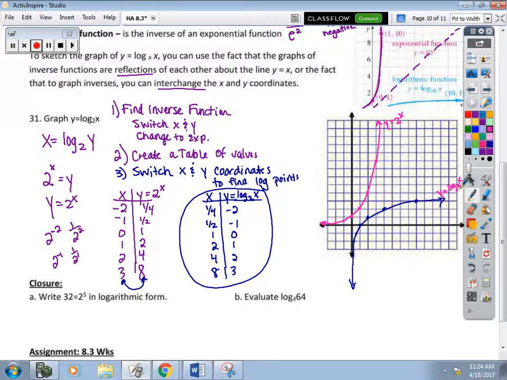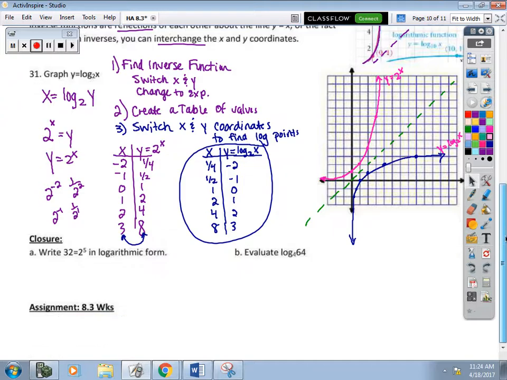You can see that they have been reflected across the line y equals x. So these points have just been reflected across that line, for any of you visual people. See if you guys can complete the two closures. And then your homework is the worksheet you picked up on the way in.